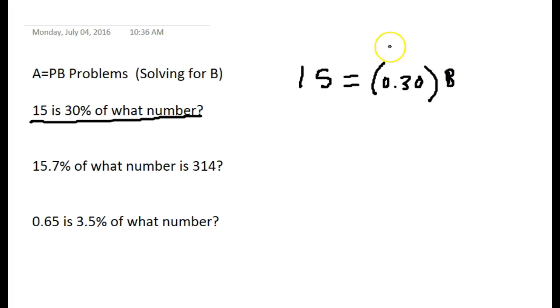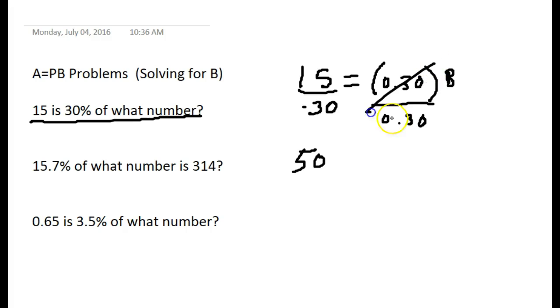I'm looking for B, so I'm going to divide both sides by 0.30. 15 divided by 0.3 equals 50. Those cancel out. 15 divided by 0.3 is 50.